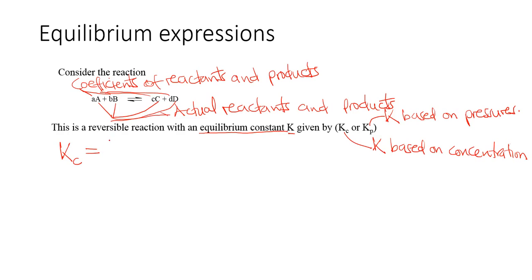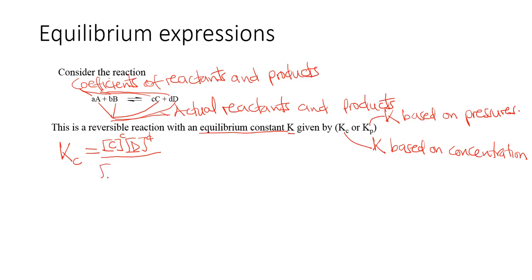So we have the concentration of product C to the power small c, times the concentration of the other product, big D, to the power small d. So the products must be on top.